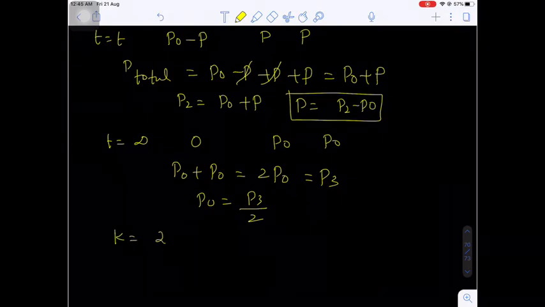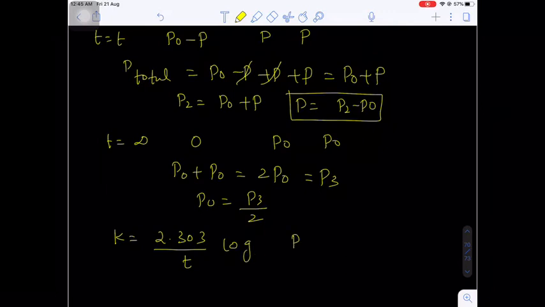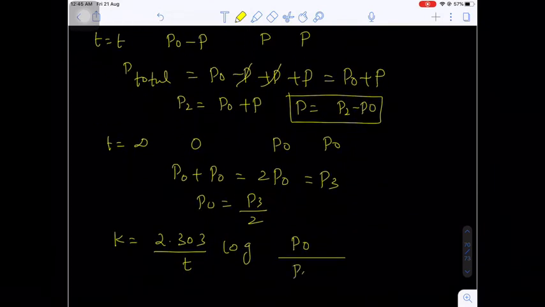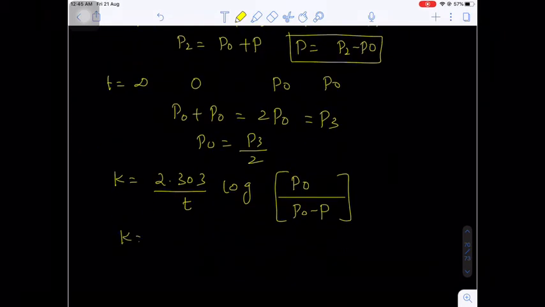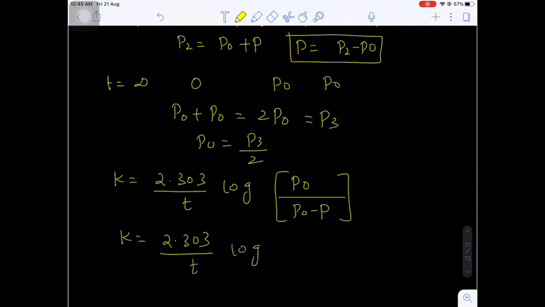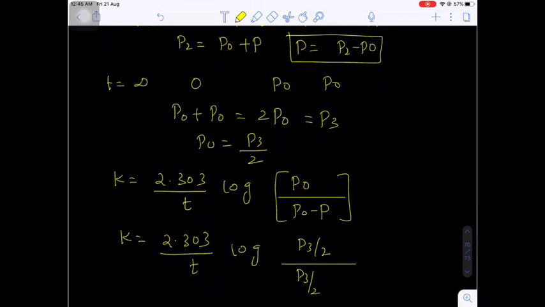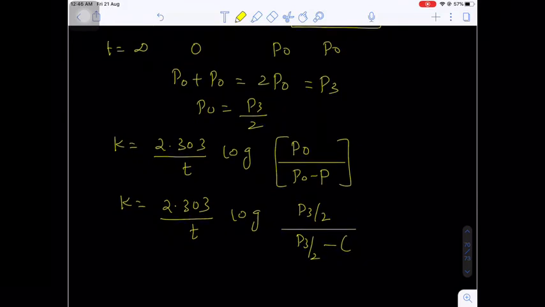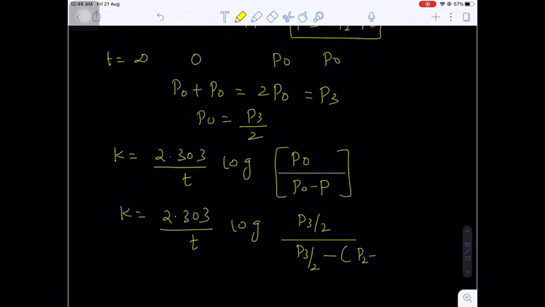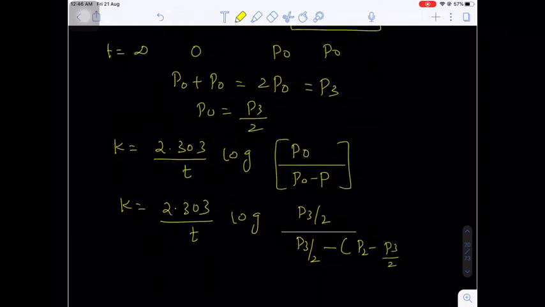Now what is the rate constant K for first order kinetics? That is 2.303 by T log of the initial partial pressure P0 divided by the partial pressure of the reactant at a certain time interval, P0 minus P. We know the P0 value and we know the P value. So K is equal to 2.303 by T log of P3 by 2, whole divided by P3 by 2 minus P2 minus P0, where again P0 is P3 by 2.